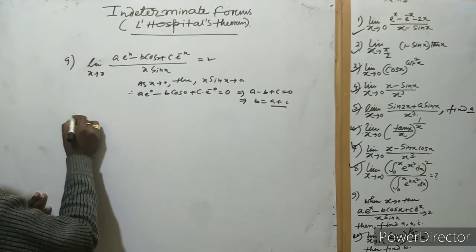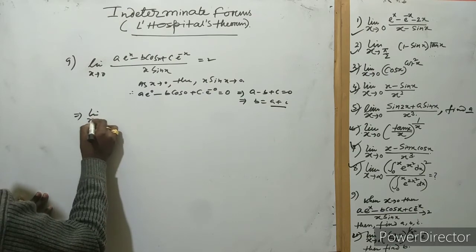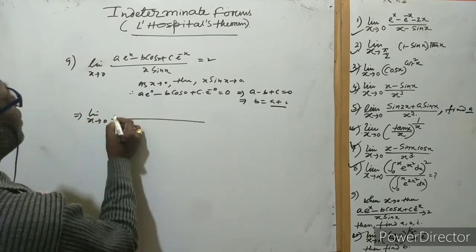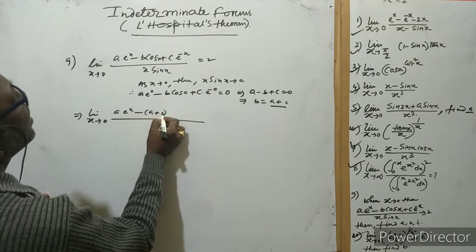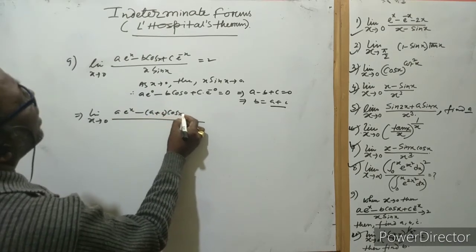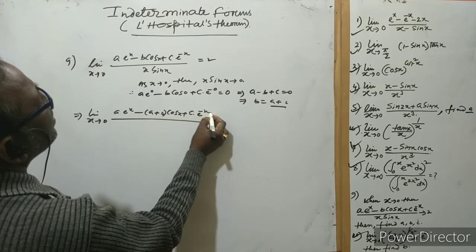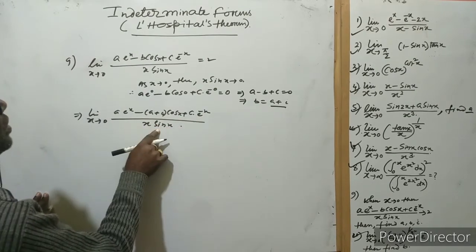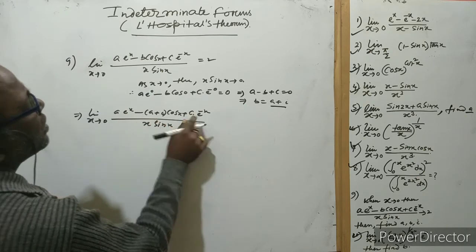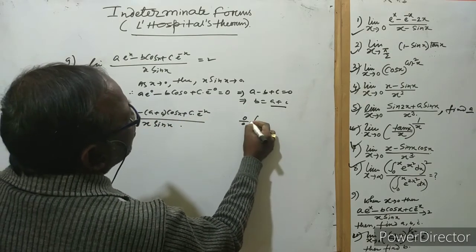Put in place of b here. Okay, then x tends to 0 here. So a e to the power x, in place of b we can write here a plus c and cos x, and c e to the power minus x by x sin x. See, if we put there 0, then we get 0, and also put there 0, then we get 0. This is called 0 by 0 form.